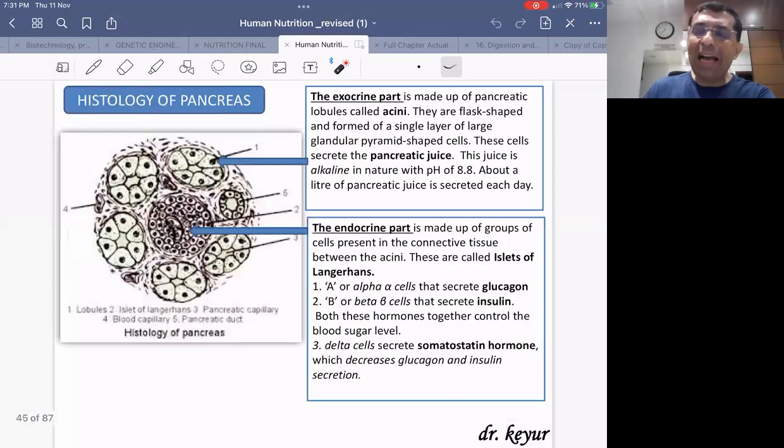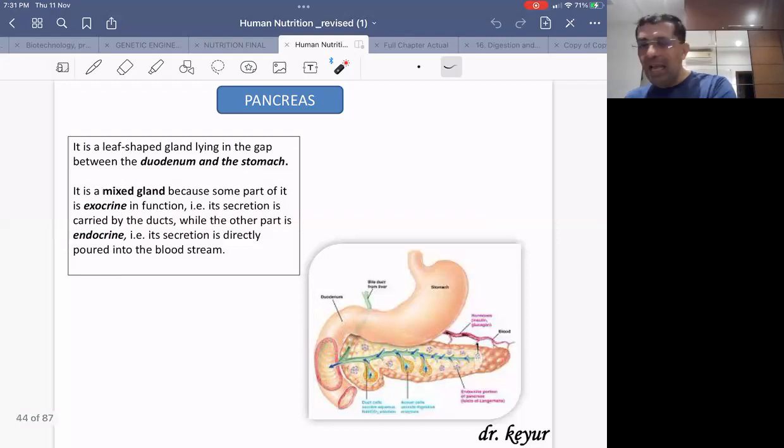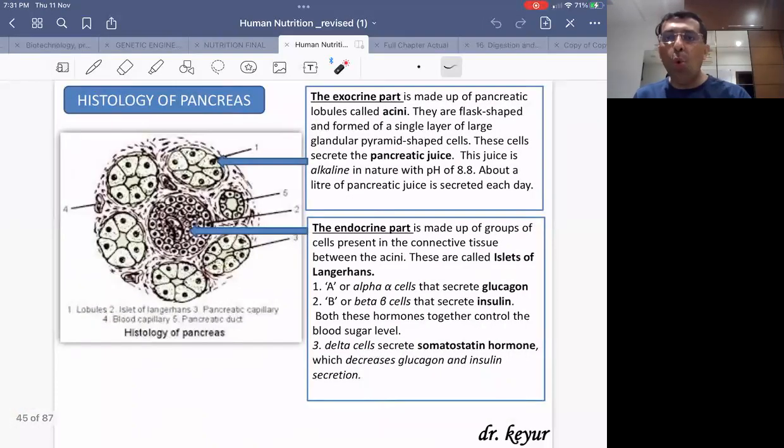Sir, what exactly does the histology of the pancreas show? तो समझो ये आपका pancreas है, and we take a cut section of the pancreas. हमने उसका cut section लिया, and now we put this pancreas under the microscope. What will the pancreas show?